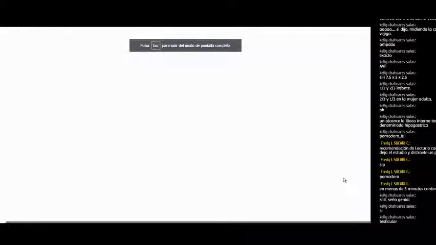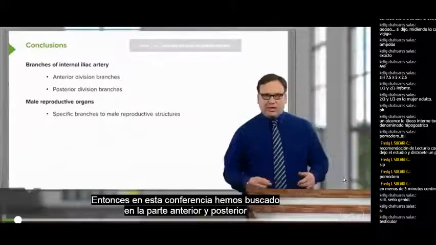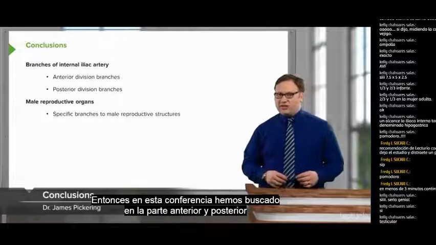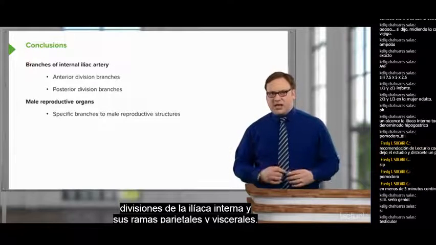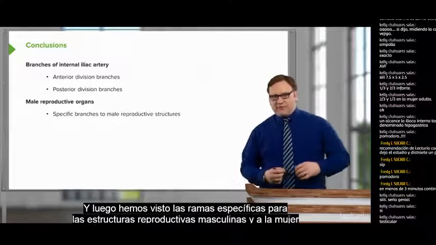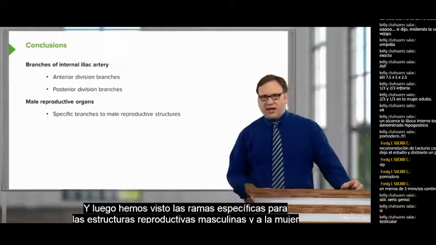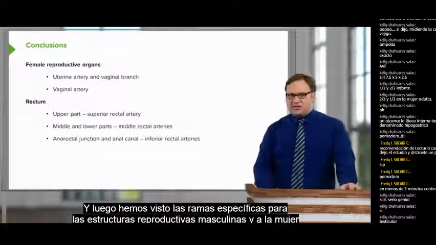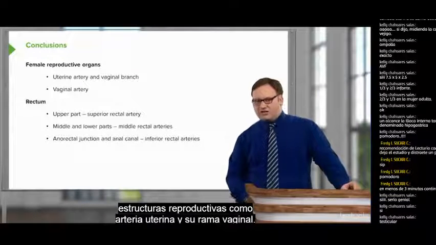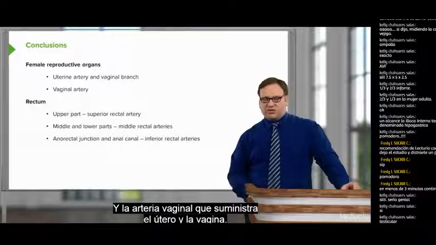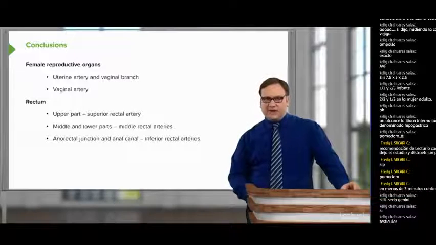¿A qué conclusiones llegamos? So in this lecture we've looked at the anterior and posterior divisions of the internal iliac and their parietal and visceral branches. And then we've looked at the specific branches to the male reproductive structures and to the female reproductive structures, like the uterine artery and its vaginal branch, and the vaginal artery that supplies the uterus and the vagina.